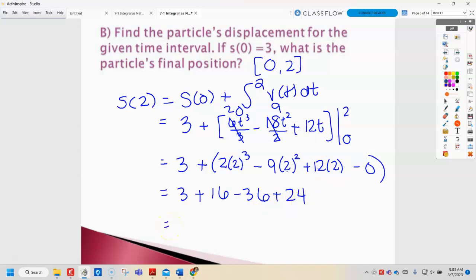So 24 and 16 gives me 40. 40 minus 36 is 4. 4 plus 3 is 7. So the particle's final position, or its position at 2 seconds, is 7. So again, that's where the particle ended up, not how many steps or points it took.